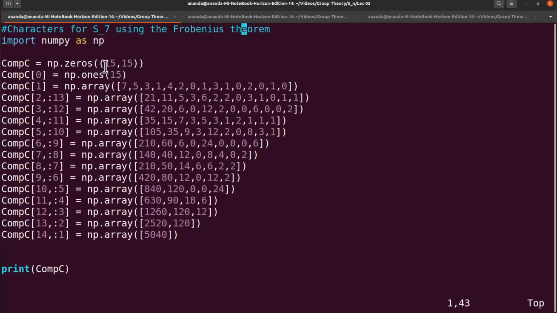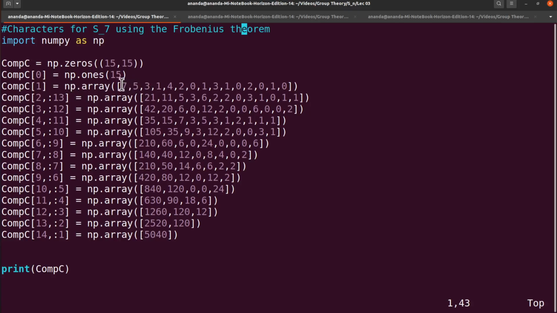Here what we have done is built up a 15 by 15 array in which I have entered all these numbers. So the very first, or the 0th row, in Python counting starts from 0, is just a bunch of ones. That's what np.ones 15 gives you. It gives you 15 ones in an array which I am storing in the 0th row of this 15 by 15 array.